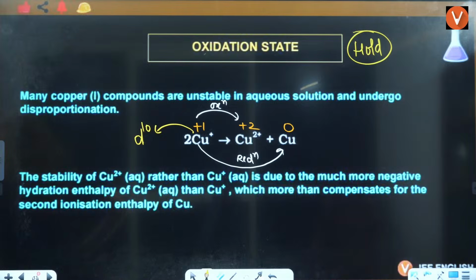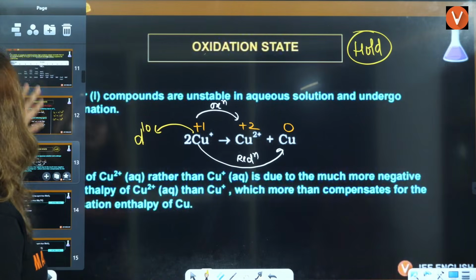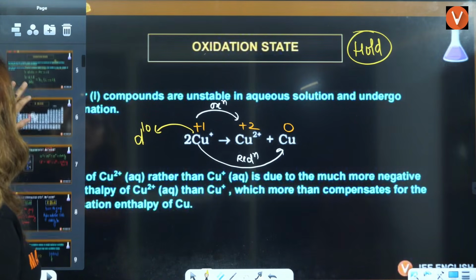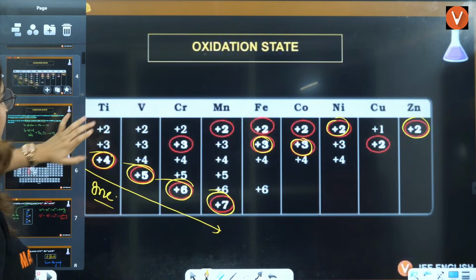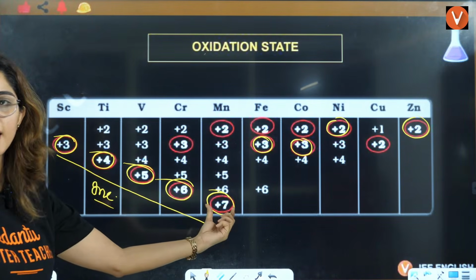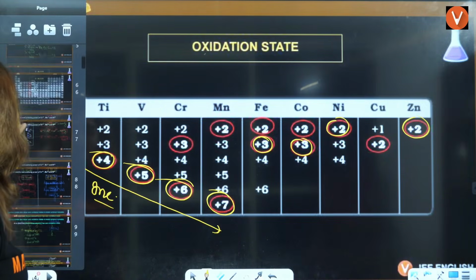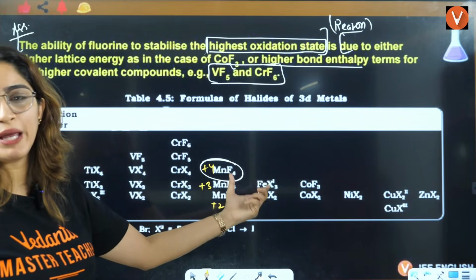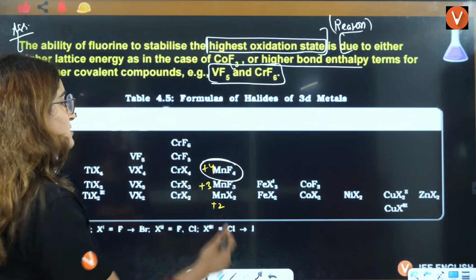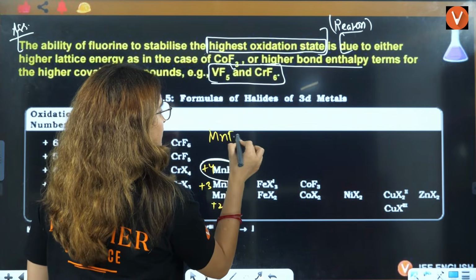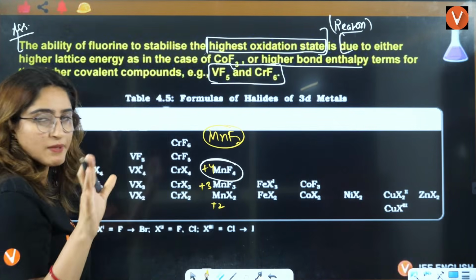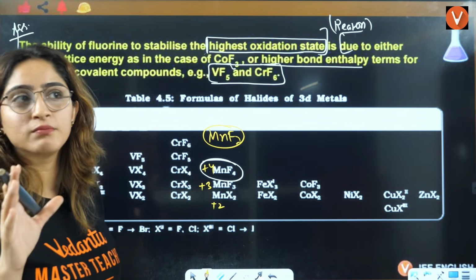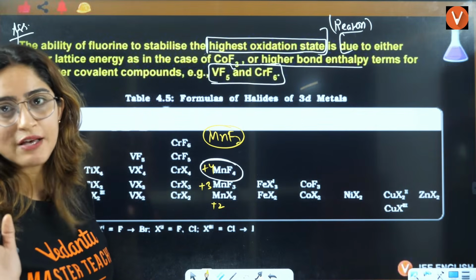Ma'am, doubt: why is the +7 state unstable? I am not saying the +7 state is unstable. Where I said +7 state is stable, I am not saying it is unstable. It is in the stable state. I was saying that fluorine is not able to make this kind of compound, MnF7, that means with fluorine it is not making an oxidation state of +7, right?